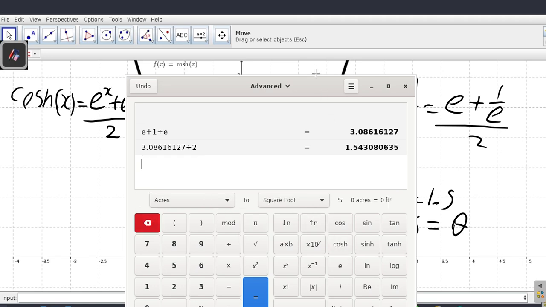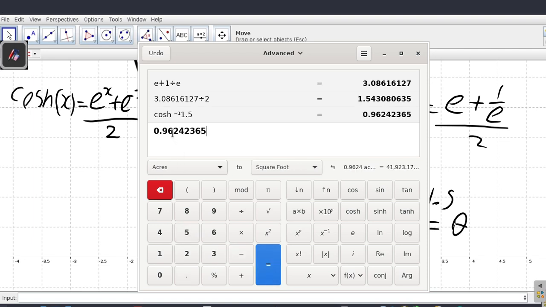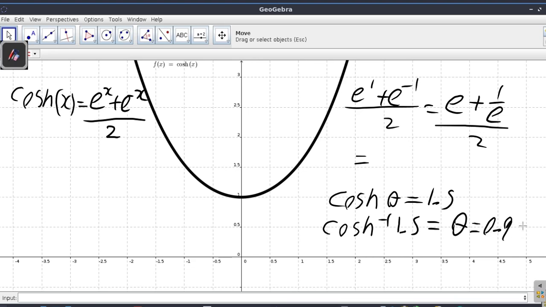So cosh inverse of 1.5 equal a little less than 1, 0.96. So this is equal to 0.96. You can see it here. So the cosh inverse of 1.5.